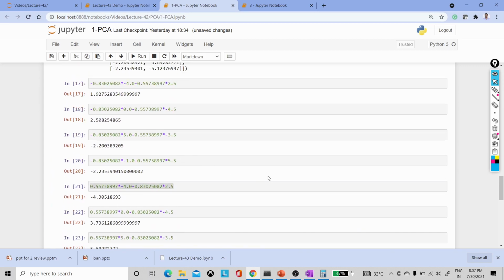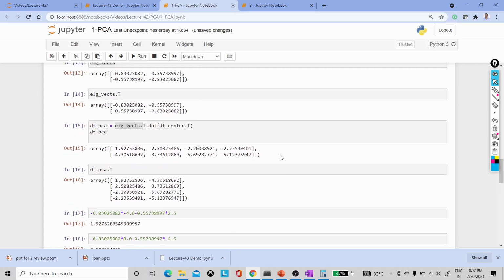If you see here, don't be confused, I am explaining here. This is the formula for calculating the PCA: eigenvectors transpose multiplied with df of center transpose.